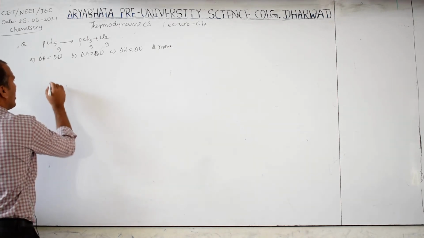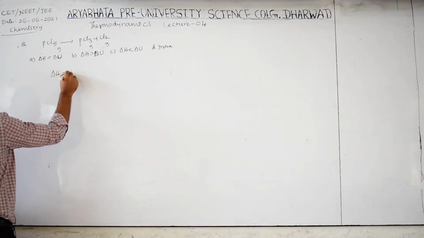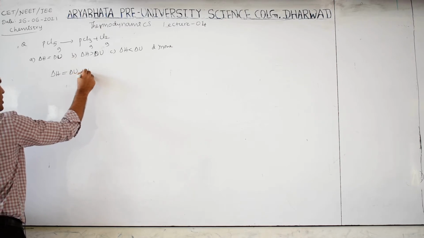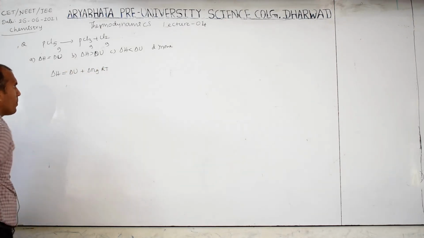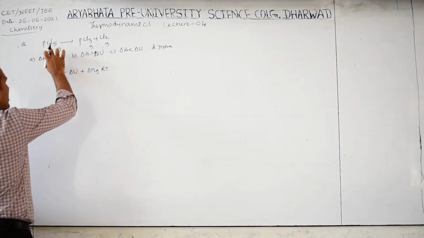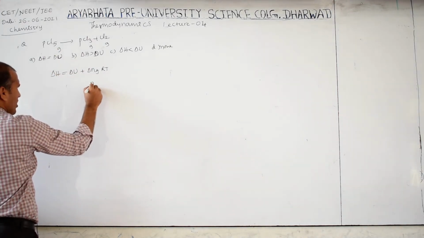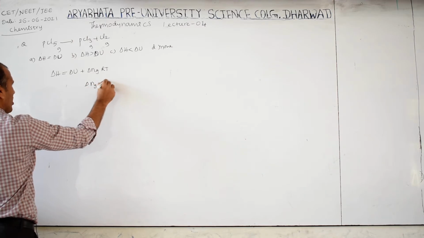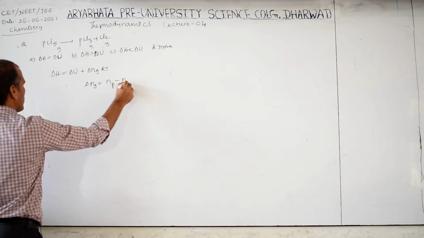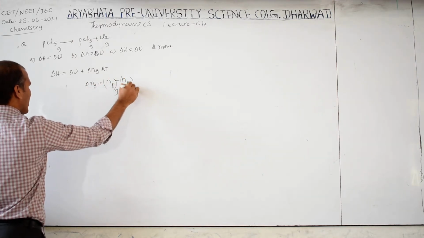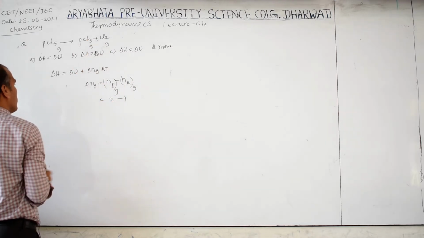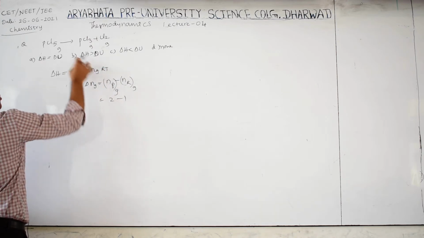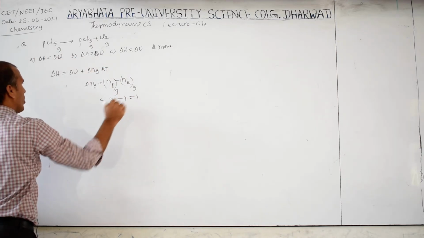We know that the relation is delta H equals delta U plus delta Ng R T. Then delta Ng for this reaction is number of moles of product minus number of moles of reactant. These are in gaseous state. 1 plus 1, 2, minus 1. Product minus reactant, that is 1.